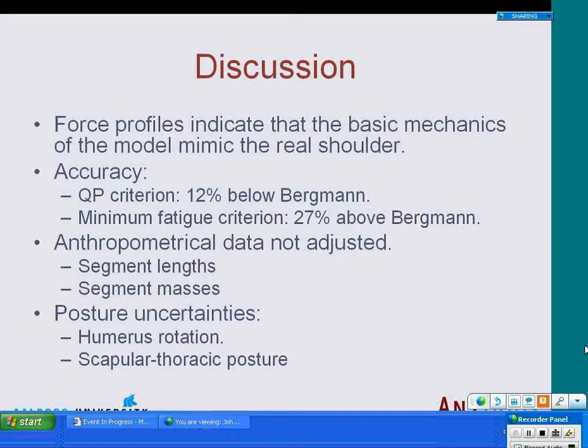So it was difficult in our model to figure out exactly what the humerus rotation should be. What we have done here is we have simply used zero humerus rotation. Also, the scapular thoracic posture is not recorded in the experiment.